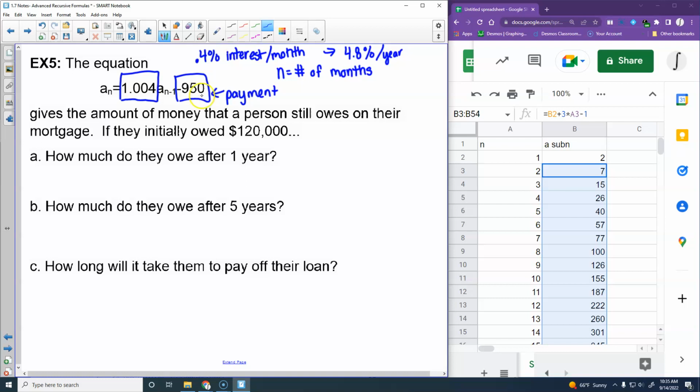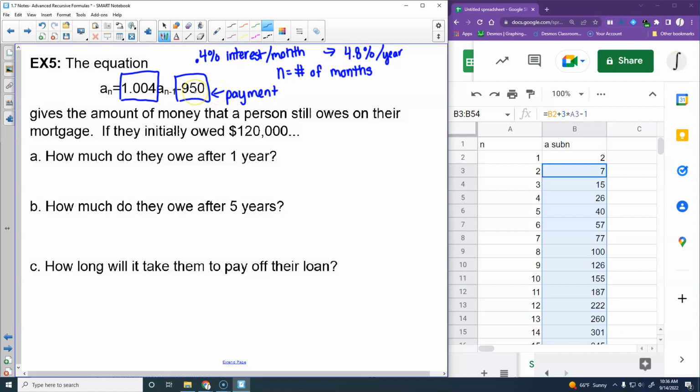So this $950 is what these people are paying on the principal, the amount that they owe. Their actual payment would probably be, if I'm estimating based off of what I pay, at least $200 or $300 more than that. That would include insurance and taxes that you don't have to pay separately. But this is how much they're paying on their principal.